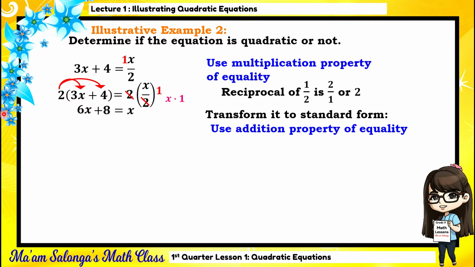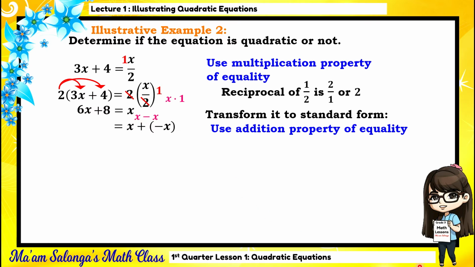Since positive x yan, ang i-add natin ay negative x. x plus negative x is the same as x minus x because in the rules in adding integers, if different sign, you must subtract them. Since magkaiba sila ng sign, itong ating addition ay magiging subtraction, and then papalitan natin yung sign ng subtrahend at ito ay magiging positive, kaya x minus x.